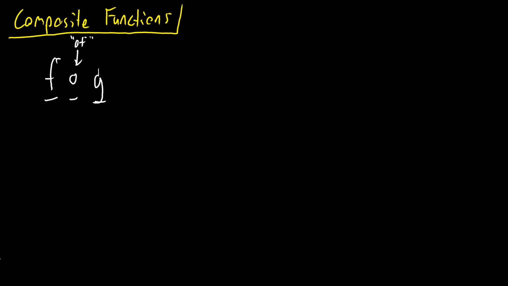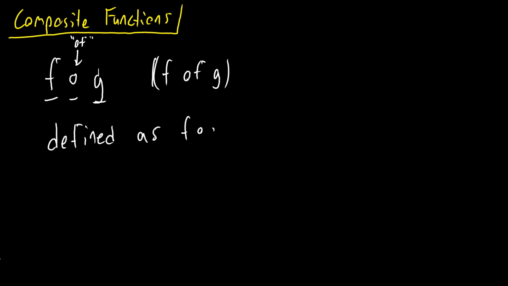So we can just say that's f of g in parentheses over here, and we can define this as f of g of x, which we can write like this. So that's really what the definition of a composite function is.